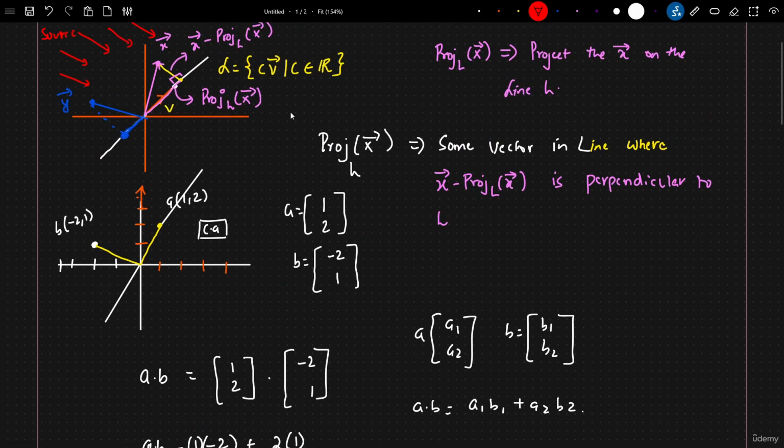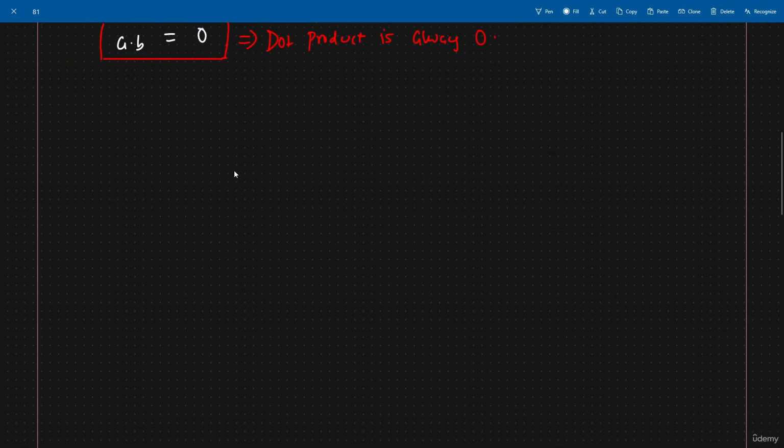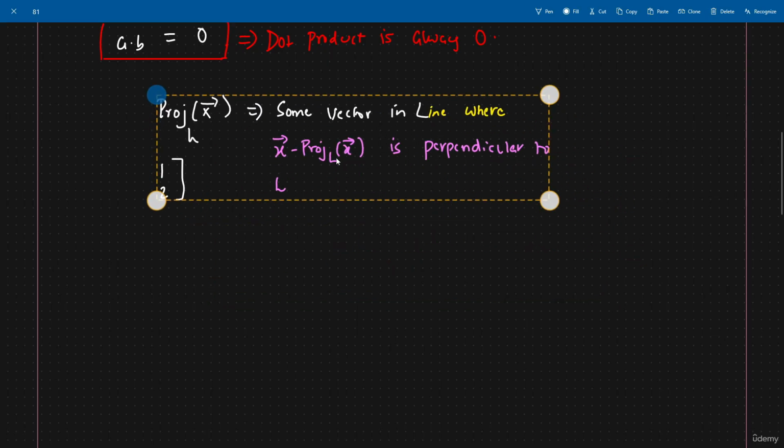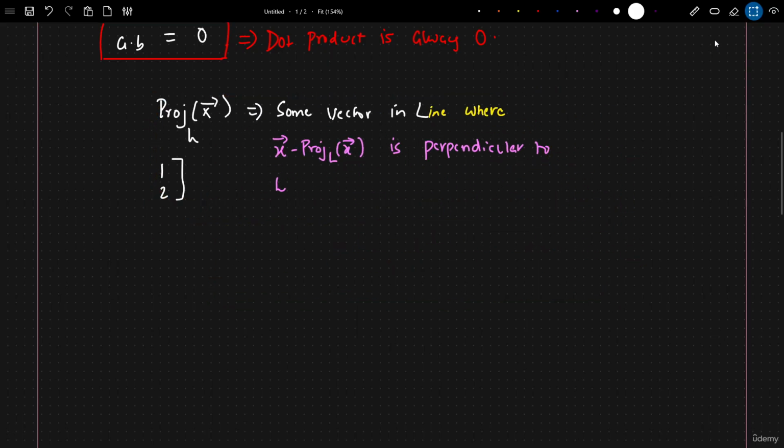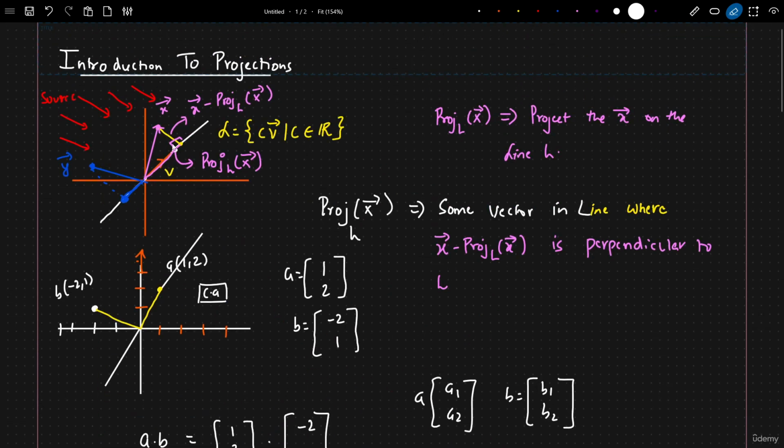So let's go back to this and discuss more about it. Now we are talking about the projection, and this projection is nothing but some vector in line L where this projection is perpendicular to L, and this projection basically means this specific line.